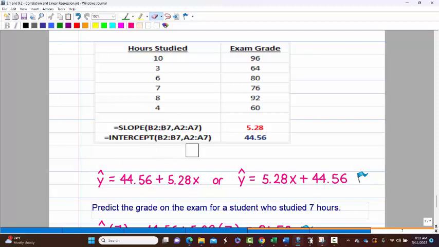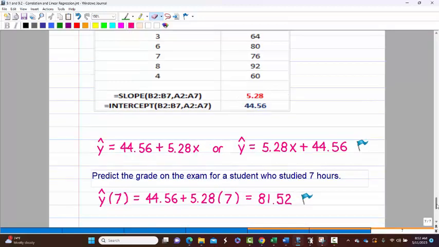Intercept B2 to B7, A2 to A7, and it got us the same values that the calculator did. 5.28 for the slope, 44.56 for the y-intercept, and there I wrote the answers, and they could possibly be presented in either order. The intercept, 44.56, could be first, or it could be last.